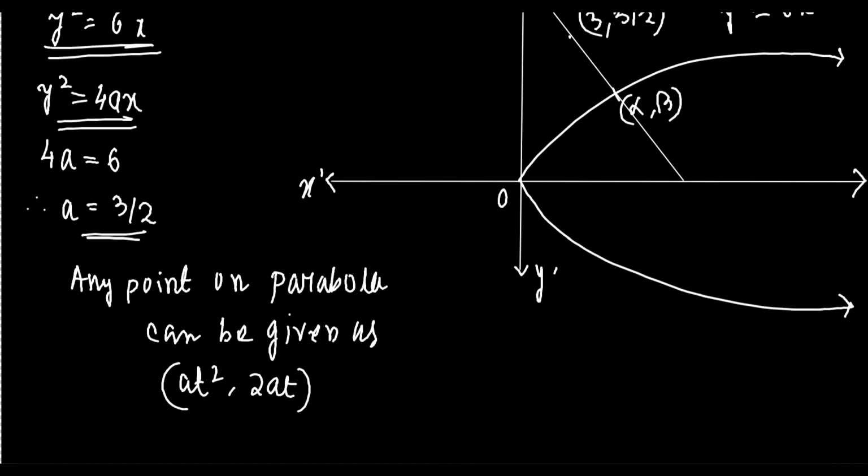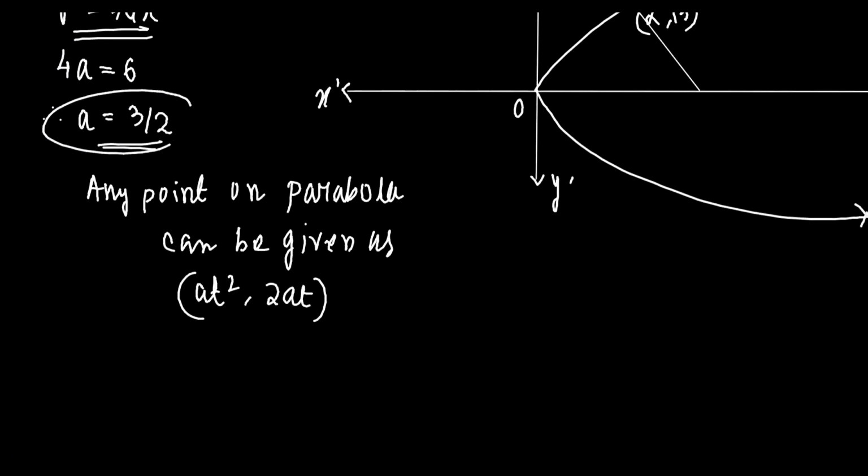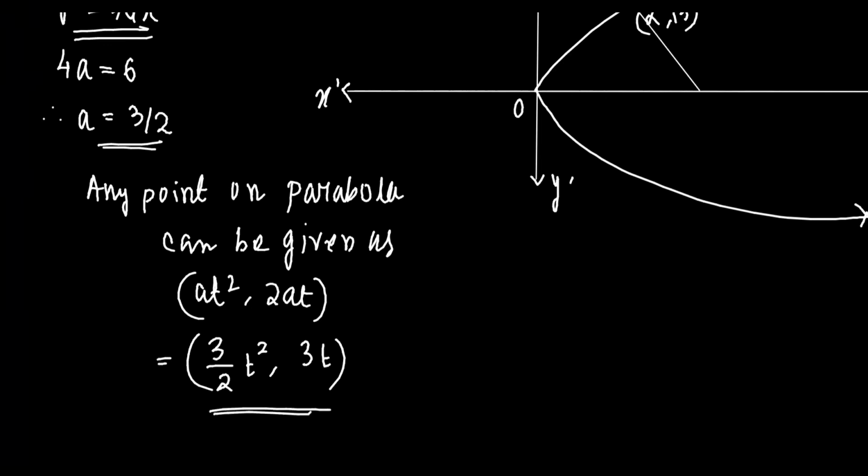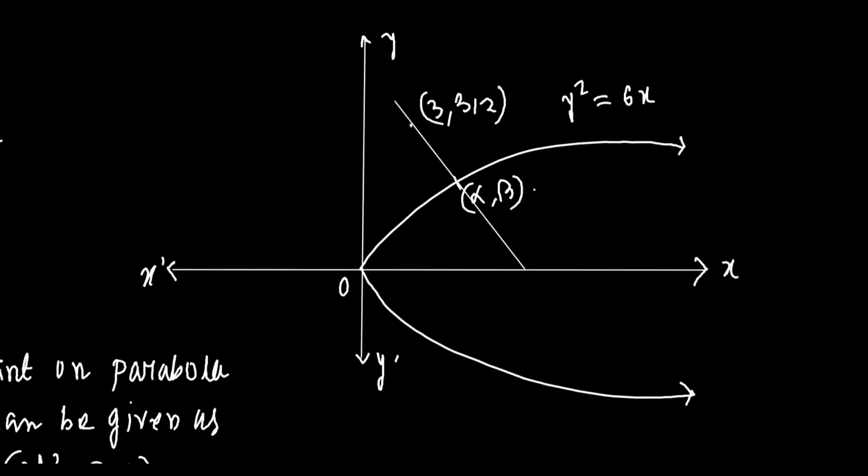Now we know the value of a, so we can just substitute here. It is 3 by 2 t square, and this will be 3t only because 2 and 2 will get cancelled. So the point on this parabola is 3 by 2 t square and 3t.